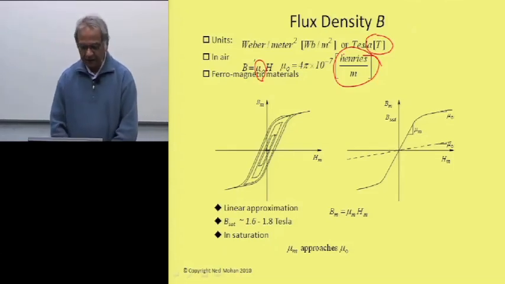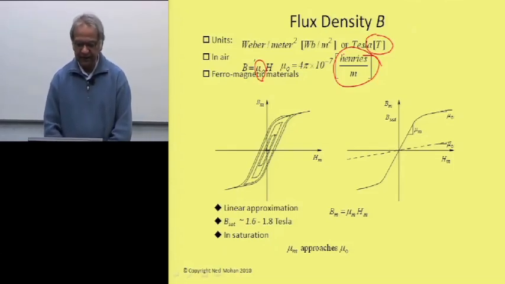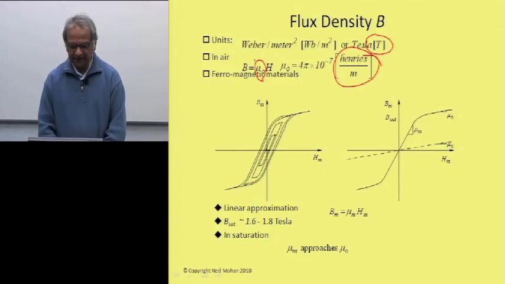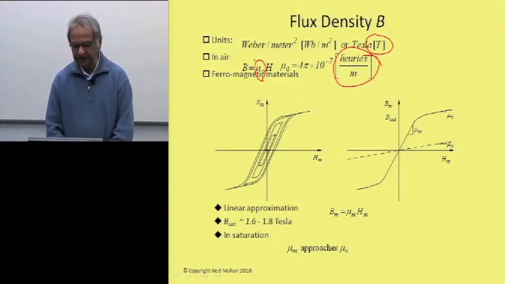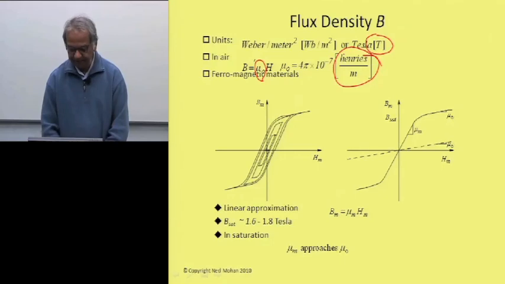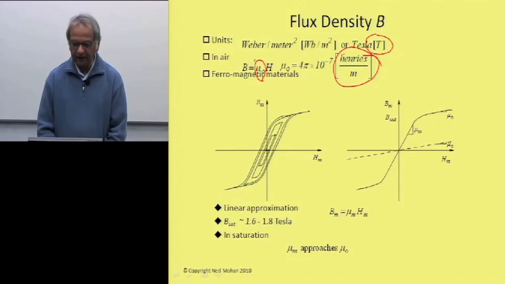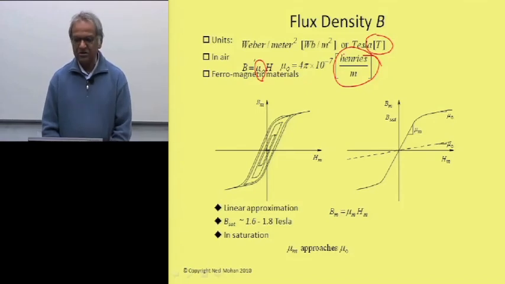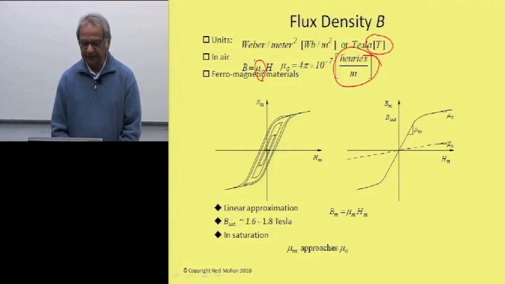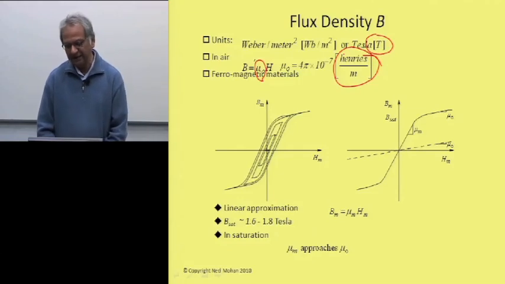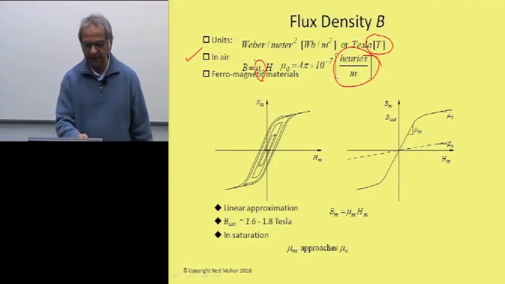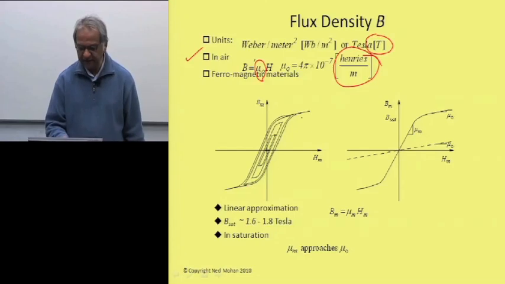Now, when we talk about ferromagnetic materials like silicon iron, silicon steel, I should say, which is used for making these machines, then we have not a linear relationship between the magnetic field intensity and the flux density as we saw in air here, but rather we have this BH loop that we are all familiar with.